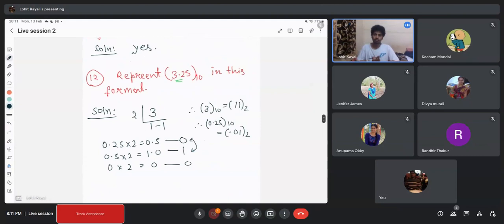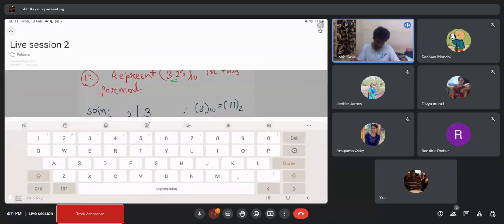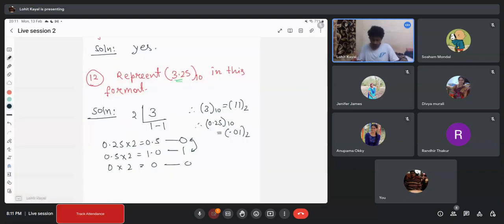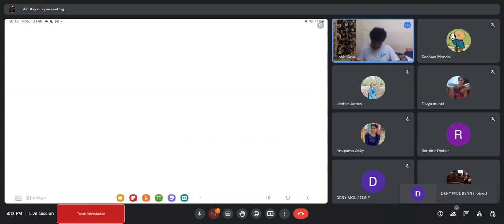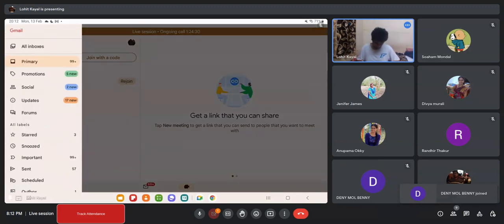Now let's go to the coding part. Coding part means I will only show you some examples and some aspects of using loops. So let's do some coding about the bisection method.